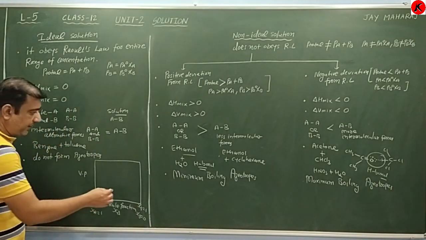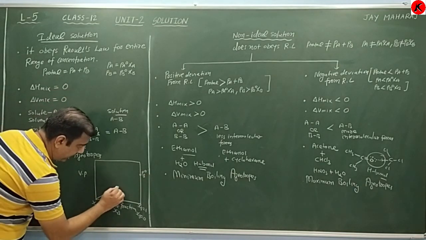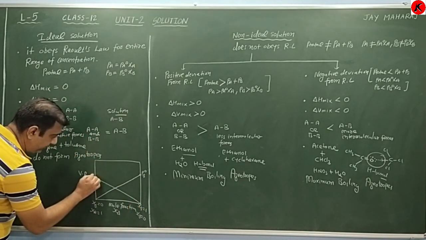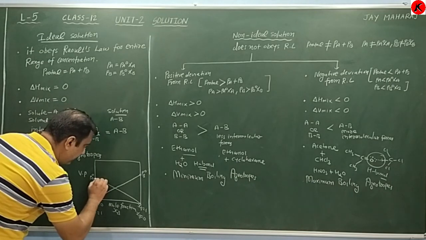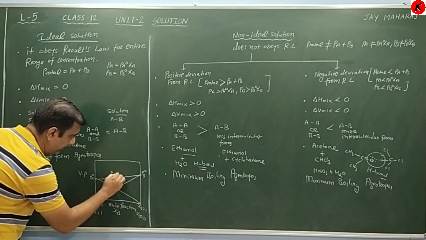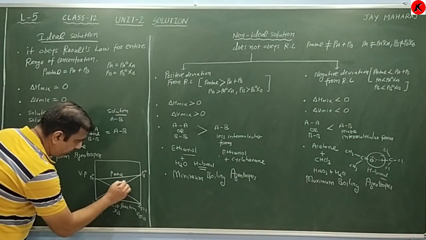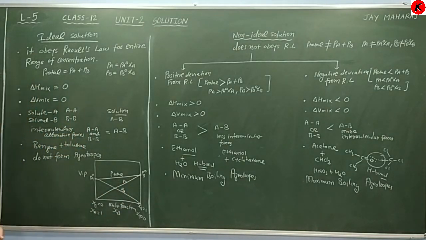Suppose B is more volatile, then here PB0, and here PA0. That means A is less volatile, B is more volatile, and this will be the graph of P total. This will be the graph of PA and this will be PB. So this graph is for ideal solution.